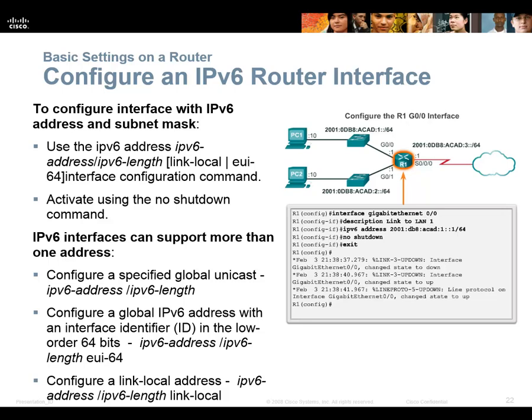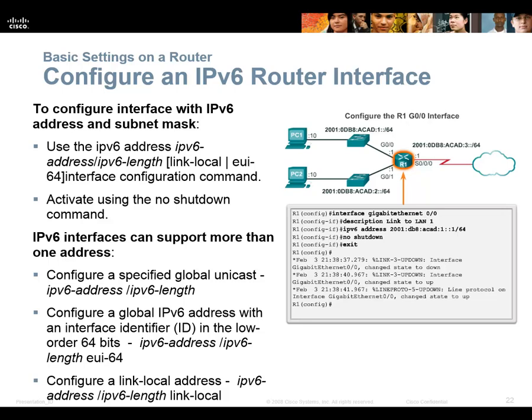So if you have IPv6 capabilities, you need to assign an IPv6 address to your router so that it can route IPv6 traffic. And to do that, you use the ipv6 address command. Here you see they did ipv6 address 2001:DB8:ACAD and so forth.